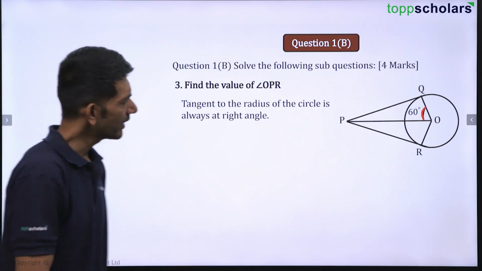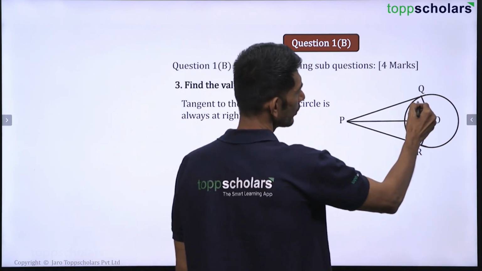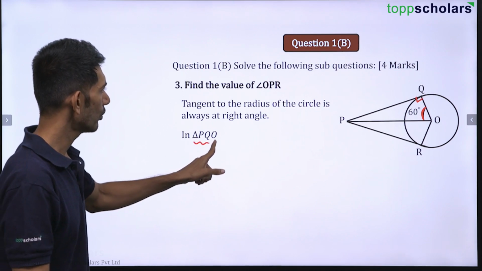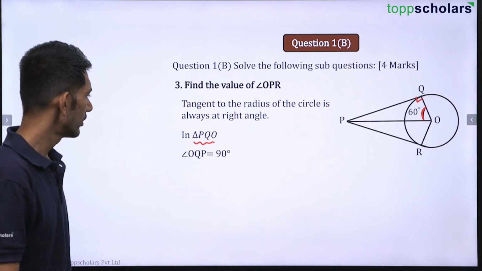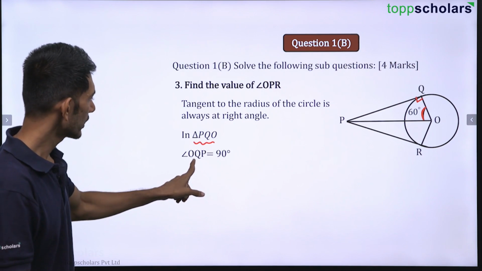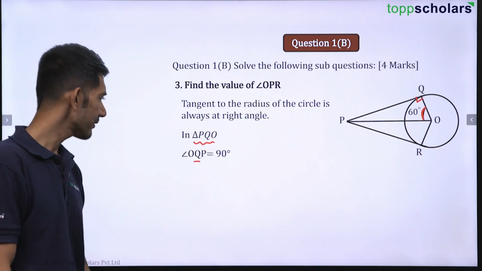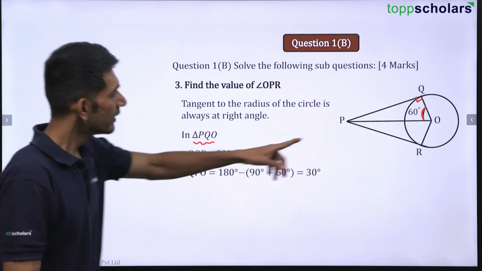So tell me one thing. Can I say angle Q will be 90 degrees? That is in triangle PQO. Angle Q, that is OQP if you write it down completely, is 90 degrees. And then this is 60.